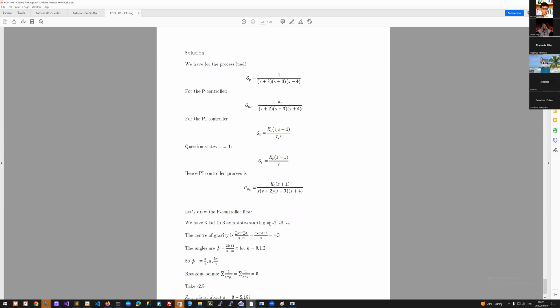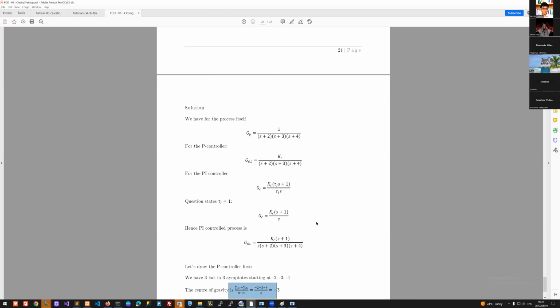And then we can look at what values of Kc. For that, we need to multiply this out and do 1 plus that. So for a value of Kc equals 0, then we can show that those are the starting values. And then our center of gravity for all these asymptotes we get from that formula.